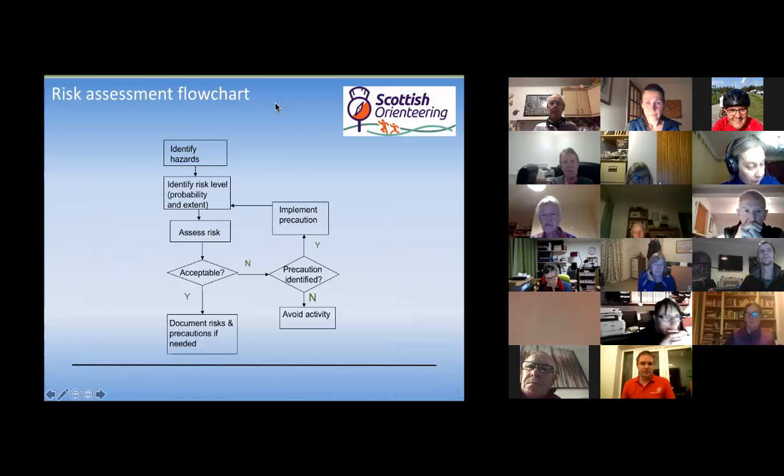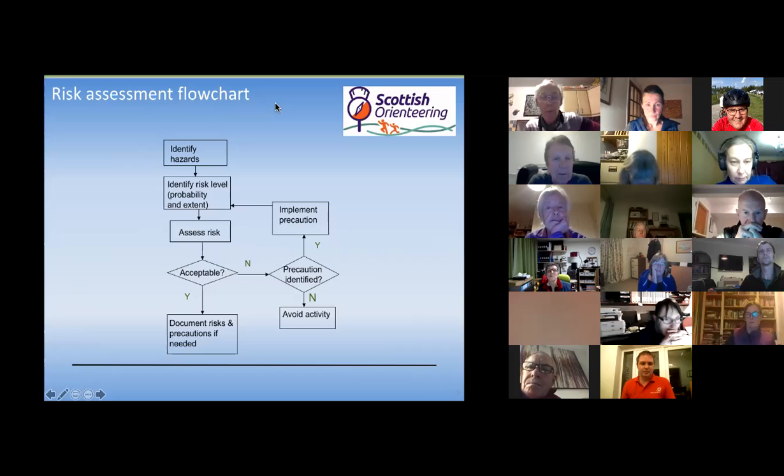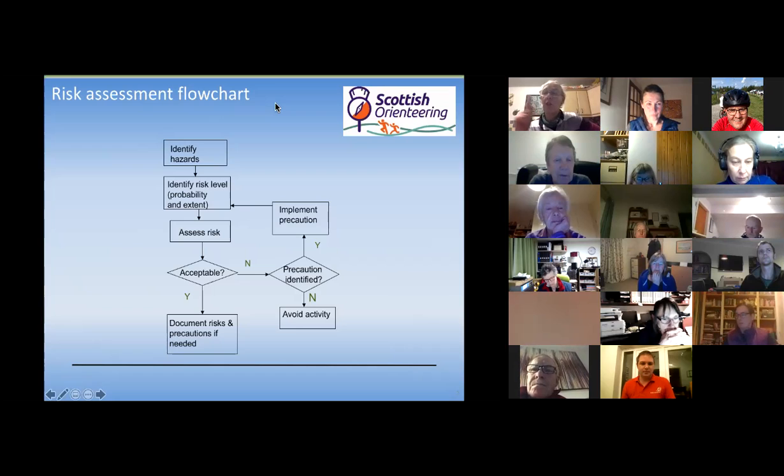This is a little chart. We'll share the presentation afterwards, so people can look at it. But what it says is, if you determine that the precautions are insufficient, you go round the loop again. You put in a precaution and you have to assess whether that precaution is significant, that is, whether it reduces the risk to an acceptable level.